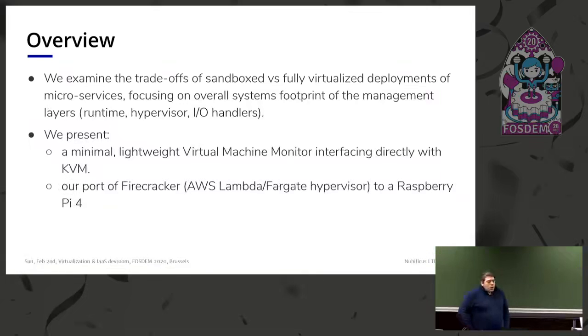So we have been working on this kind of stuff and trying to understand which is best for the workloads that people are running. We will present a minimal lightweight VMM, which interfaces directly with KVM, and some of the work that we did to port Firecracker on a Raspberry Pi.